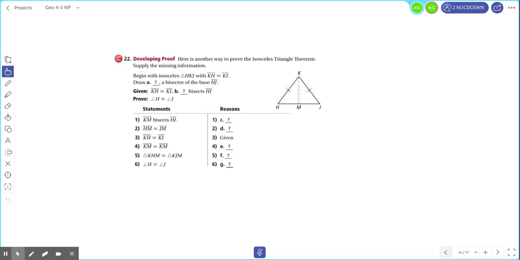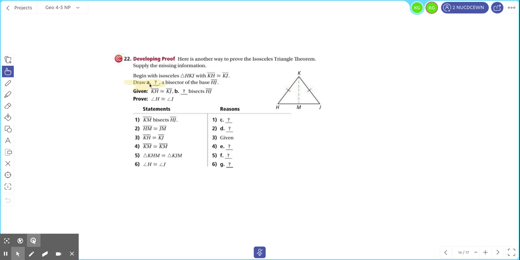And then 22 here is developing proof, another isosceles triangle problem, but they've given you most of the proof, and your job is to fill in the blanks here. You'll notice the blanks start all the way up here at draw blank, a bisector of the base HJ.